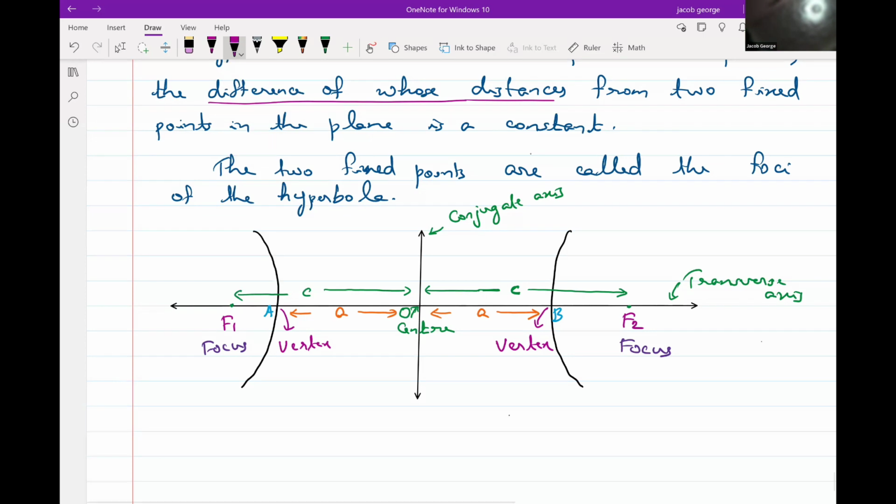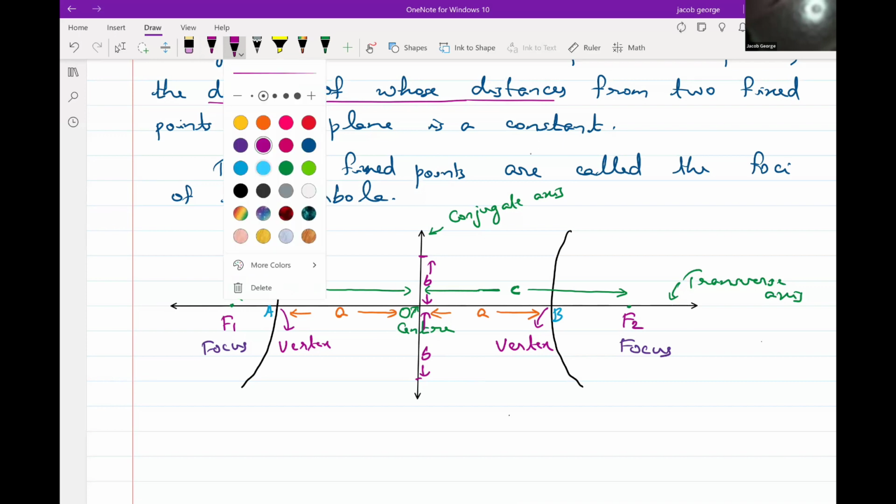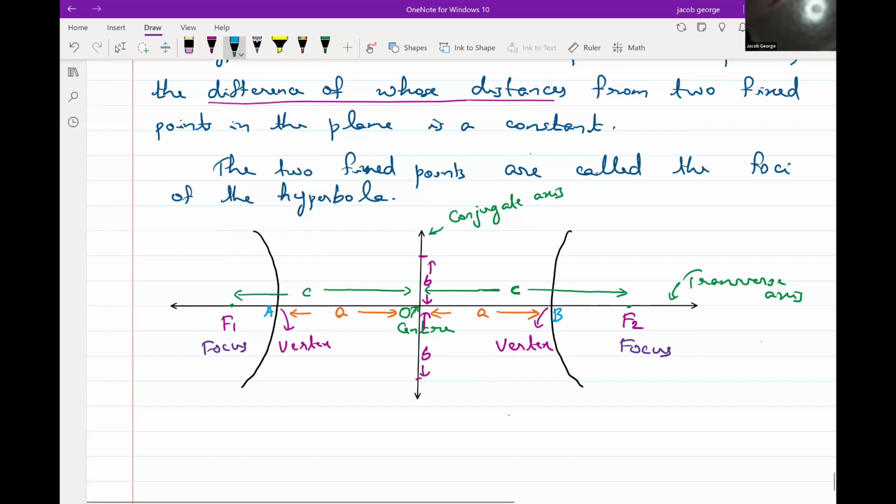So at a distance b unit from the origin, we mark the endpoints of conjugate axis. I call these capital C and capital D, so that the length of conjugate axis is 2b.